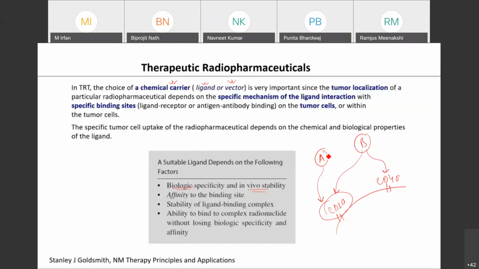So which carrier molecule will you use for therapy? Definitely A, because it's more specific for my diseased target. If I had used B, then apart from treating cancer, I'm also going to cause some complications. So I have to use the carrier which is more specific. So it must be biologically specific, and it must have in vivo stability.